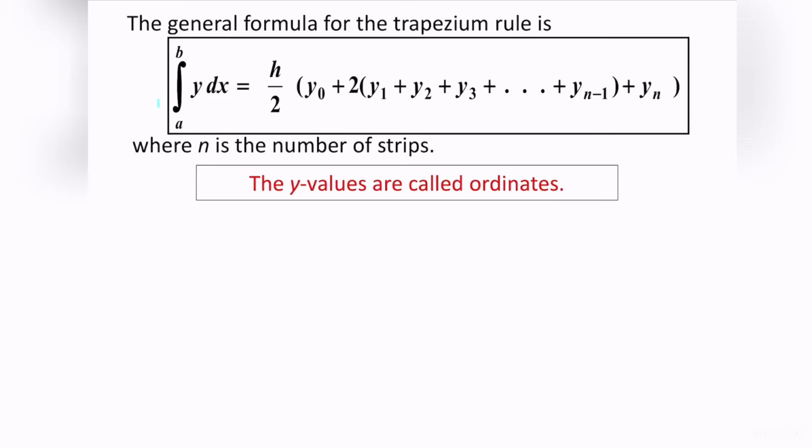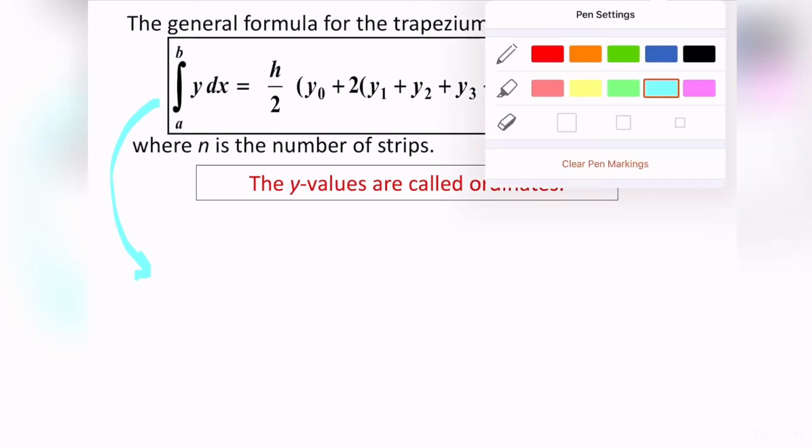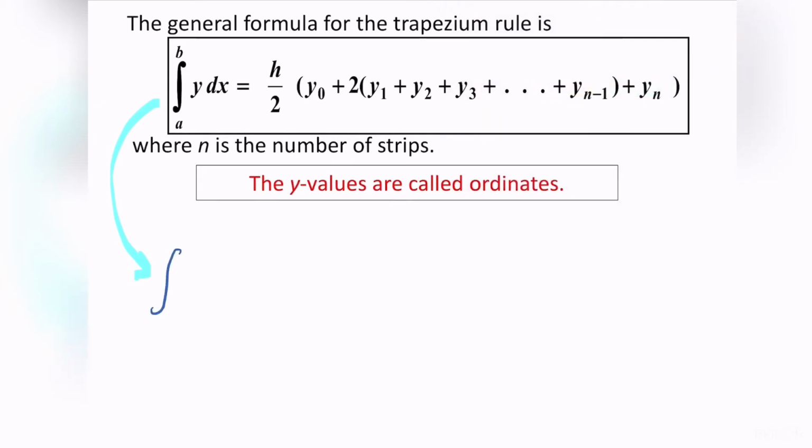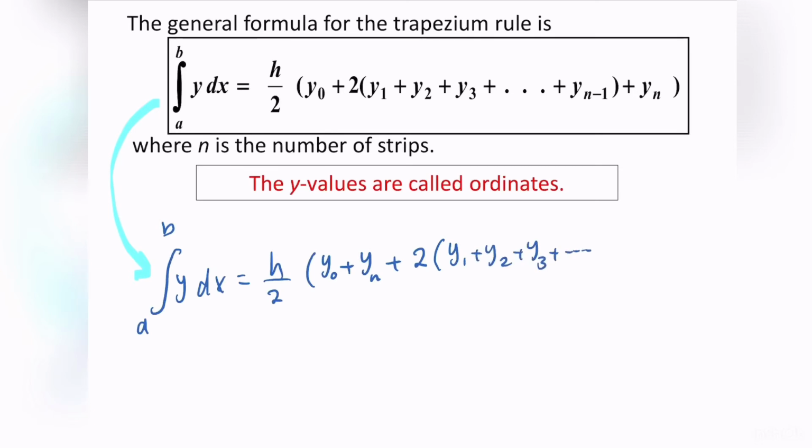So you can write the integral from a to b of y dx equals h over 2 of y0 plus yn, then plus 2 multiplied by y1 plus y2 plus y3 plus yn minus 1. Yeah, and that's it. So n is the number of strips, and the y values usually are called the ordinates. Okay.